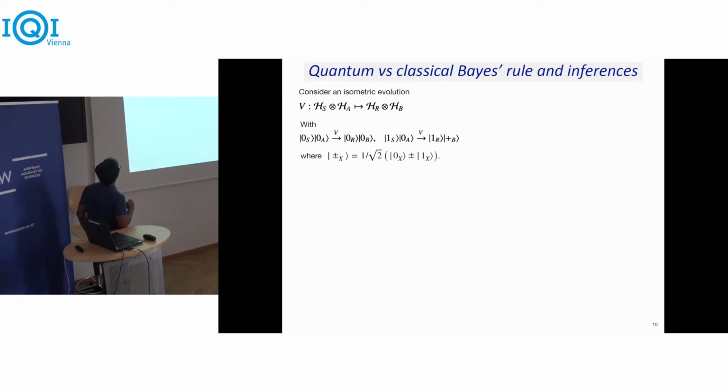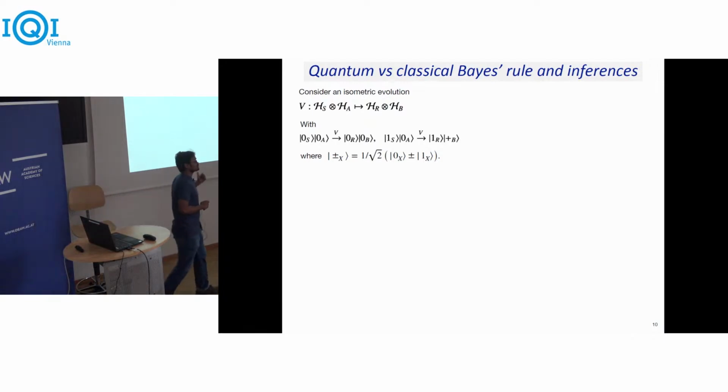Let's say I have a bipartite isometry, or for simplicity you can even consider a unitary, that takes my object from this Hilbert space to this Hilbert space, and this is how it acts. If my system state is in 0, it doesn't change the apparatus state, but if my system state is in 1, it goes to a plus state, the equal superposition of 0 and 1.